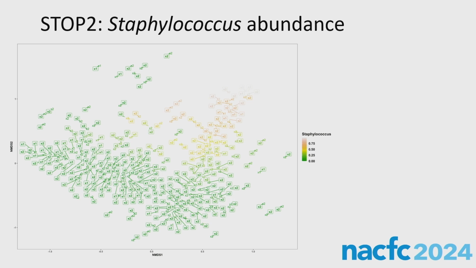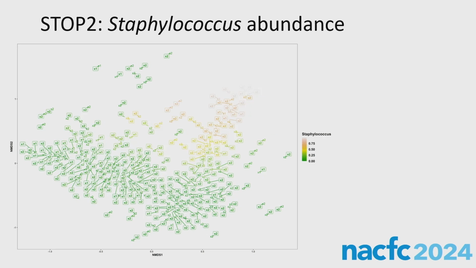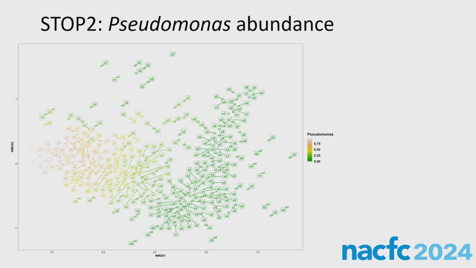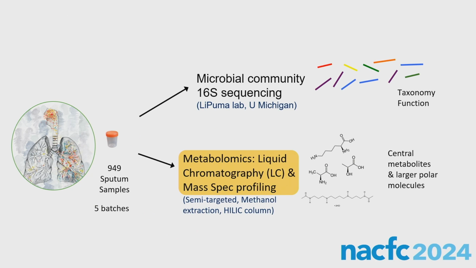I'm just going to go back and forth one more time because for me it's nice to view this again. There's the Pseudomonas abundance pattern, and here's the Staphylococcus abundance pattern. There are parts of this ordination where you see co-occurrence of Staphylococcus and Pseudomonas, but often they're separate. Streptococcus is more represented throughout the samples, so you don't see as clear a clustering for Streptococcus compared to Staph and Pseudomonas. Okay, so that was my tour of the microbiome, and I welcome questions.